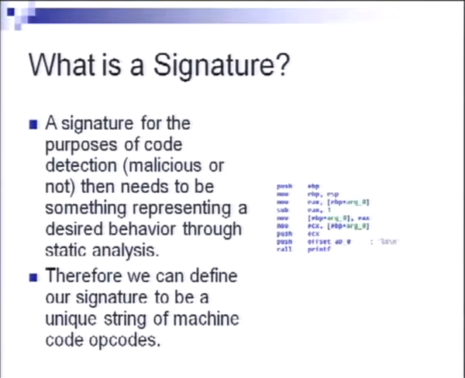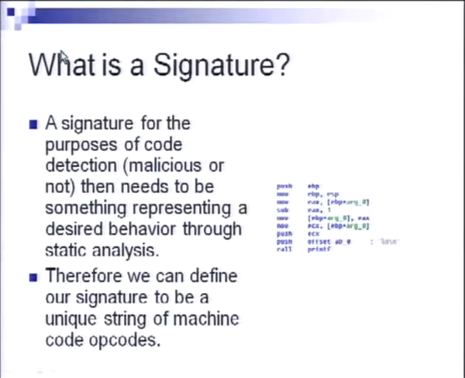So, a signature for the purposes of code detection, malicious or not, then needs to be something representing a desired behavior through static analysis, as I said before. Therefore, defining a signature as a unique string of machine opcodes gets us what we want, because a signature for malicious code is just code. So it's really pretty simple once you think about it, but it takes a while to come to that explanation.